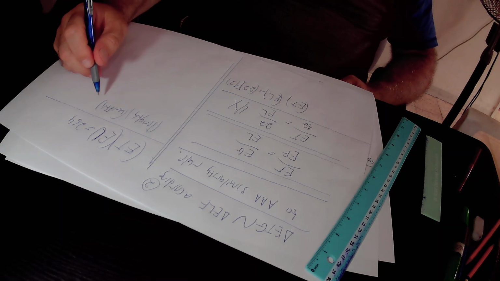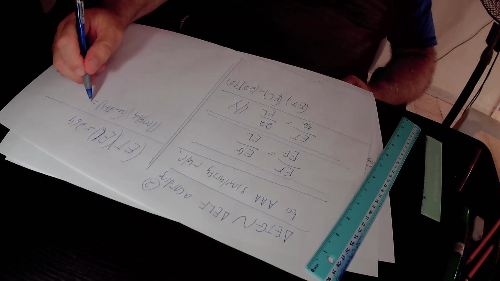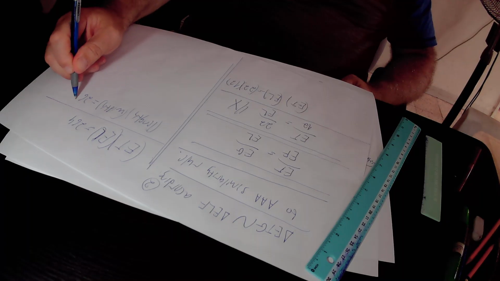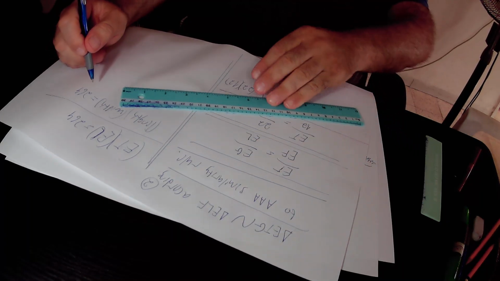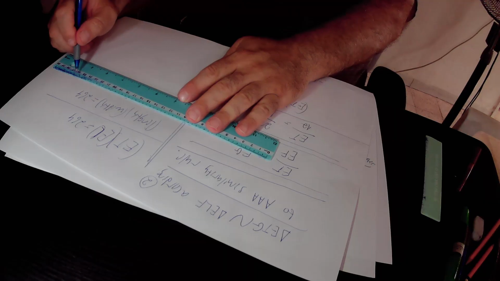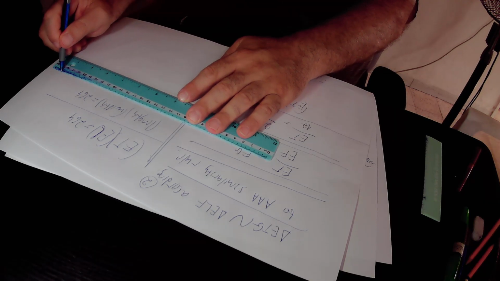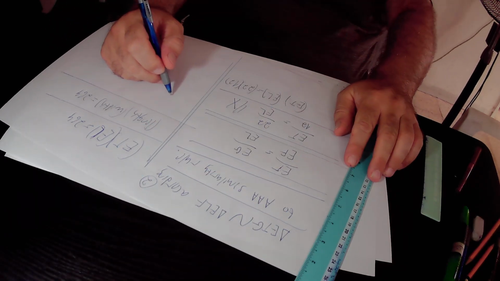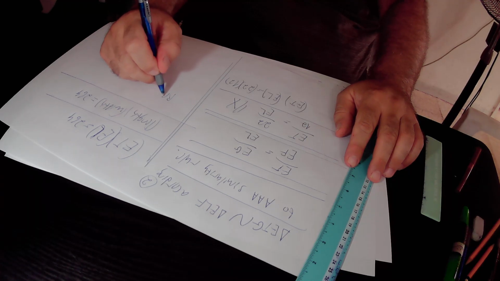So the length times the width of rectangle ABCD is equal to 264. The length times the width is the area of rectangle ABCD.